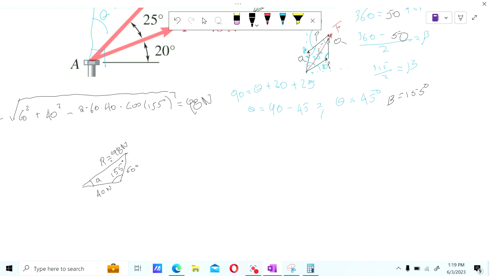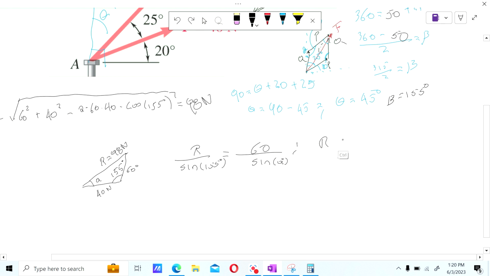So remember, the sine law says that R divided by sine of 155 degrees is the same as 60 divided by sine of A. Okay, and then all you have to do is solve for R. No, not for R, we already have R. All we have to do is solve for A. So basically, sine A is equal to 60 times sine 155 divided by 98 newtons.